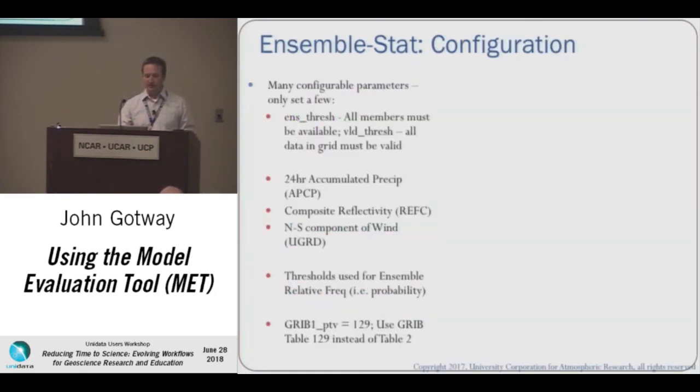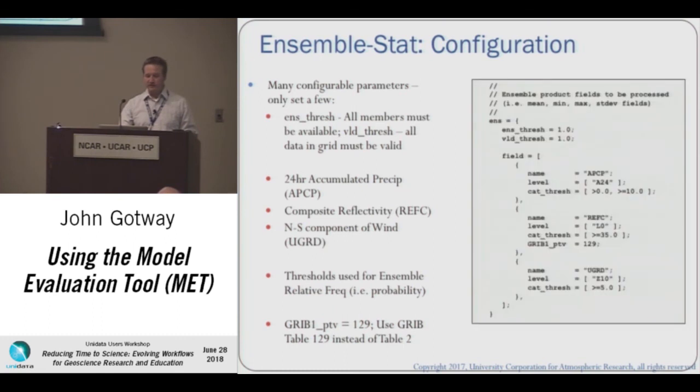In the configuration file for ensemble stat, like all the other tools in MET, you can control what fields you want to verify. So here in the ensemble section, we say that we want to compute probabilities for 24-hour precip exceeding 0 and greater than or equal to 10 millimeters, reflectivity exceeding 35 dBZ, and the U component of 10-meter wind exceeding 5 meters per second.